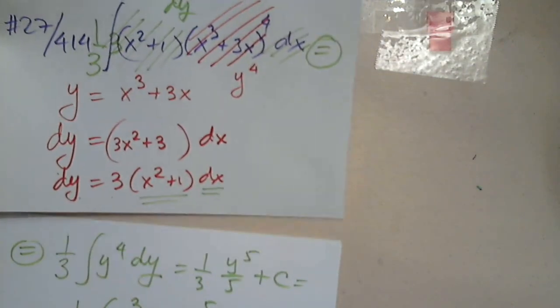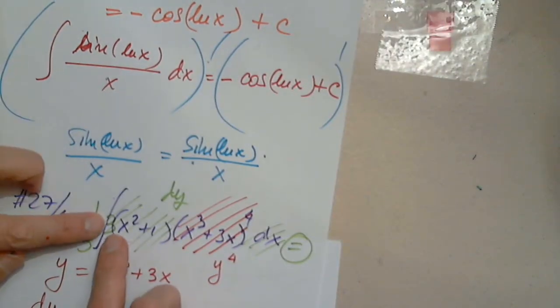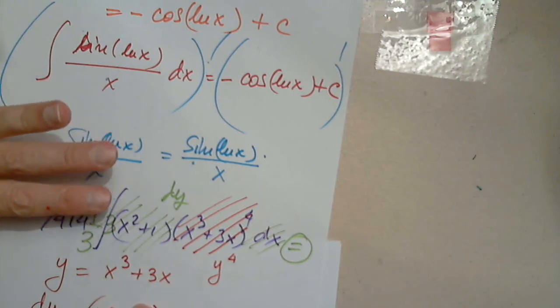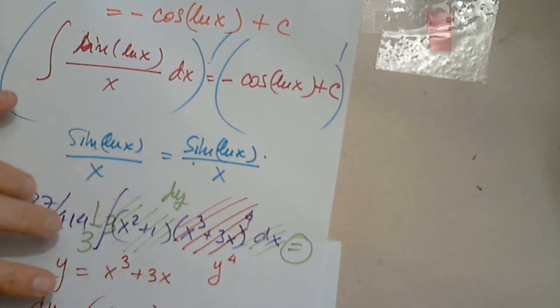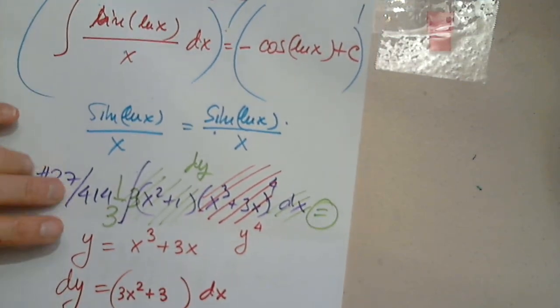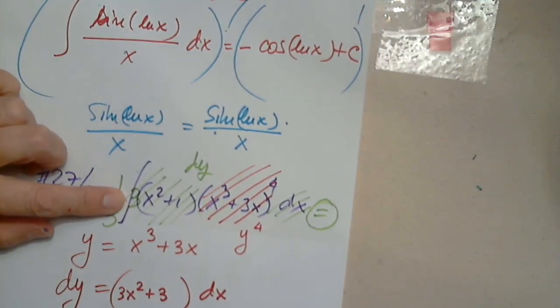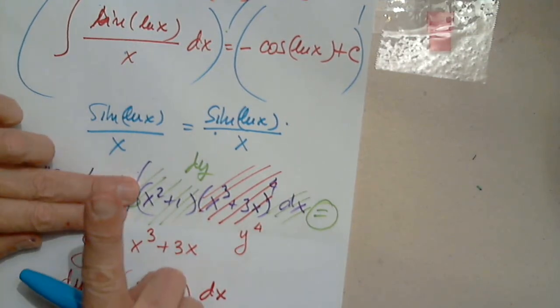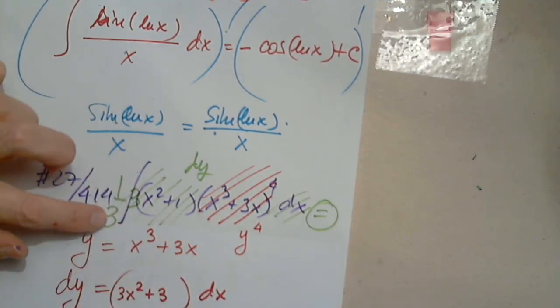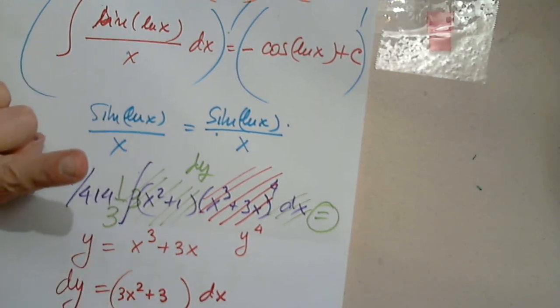I know where everything comes from. If I decide to multiply, I multiply by 3 and divide by 3. I needed a 3. I was missing the 3 here. So I multiply by 3, but I have to immediately divide by 3. This is 1. Multiplying by 3 and dividing by 3 didn't change anything. It's 1.